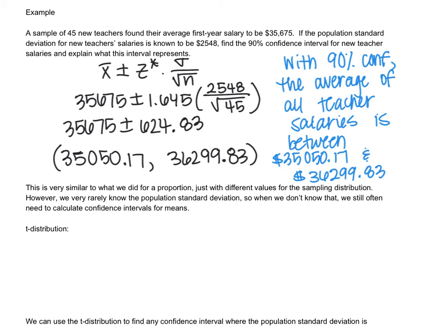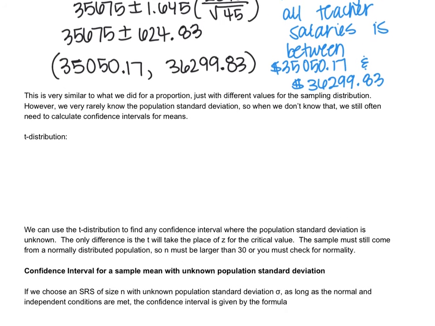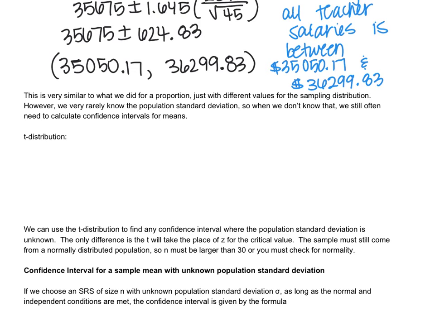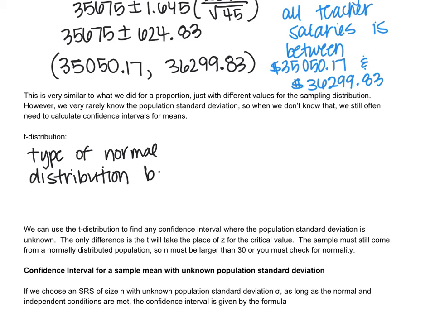A T distribution is a type of normal distribution based on the sample size.